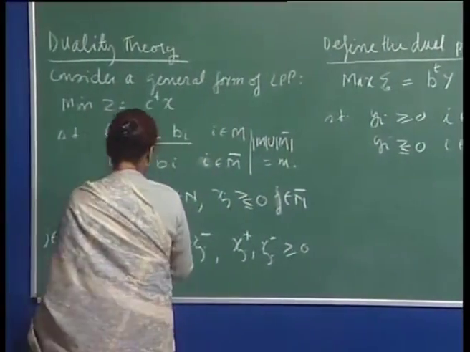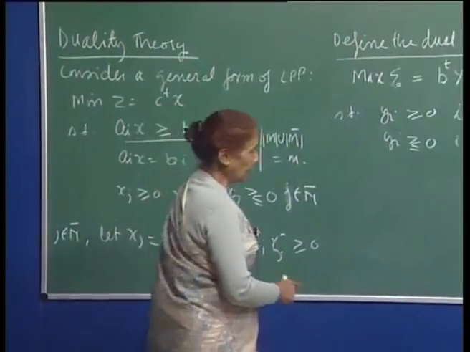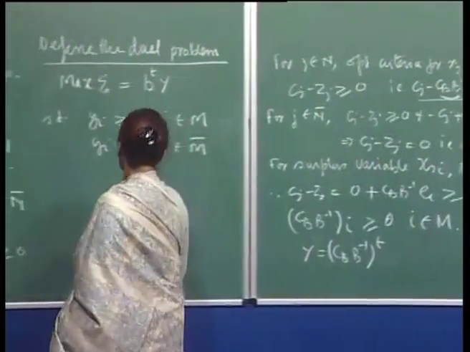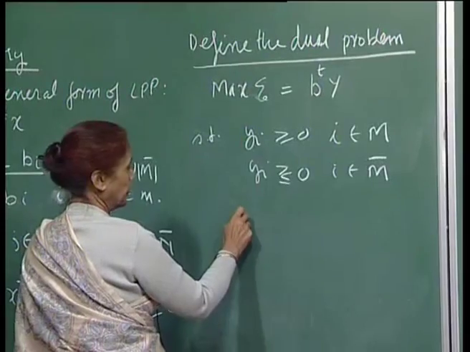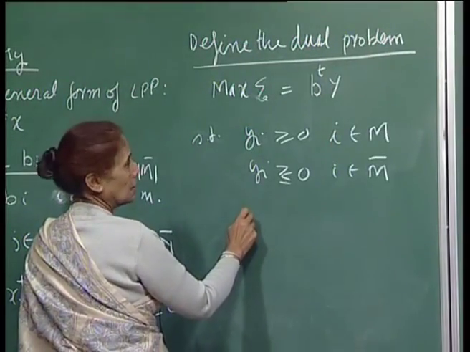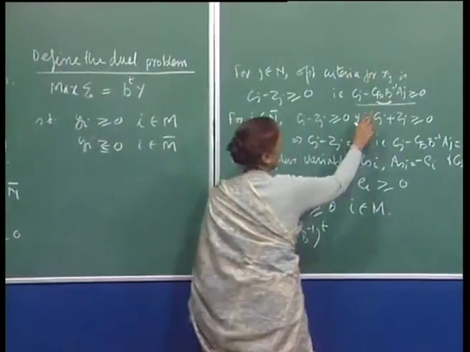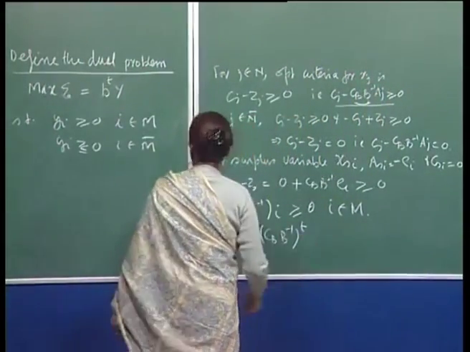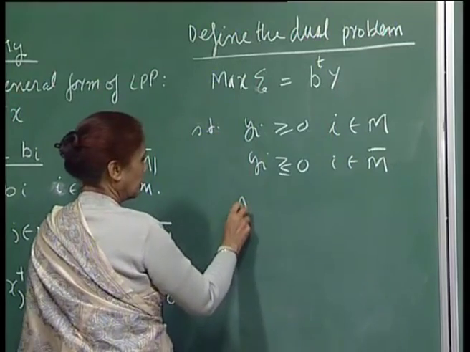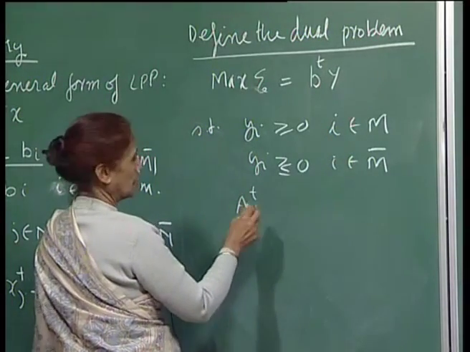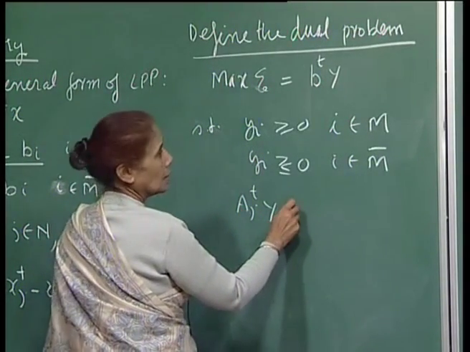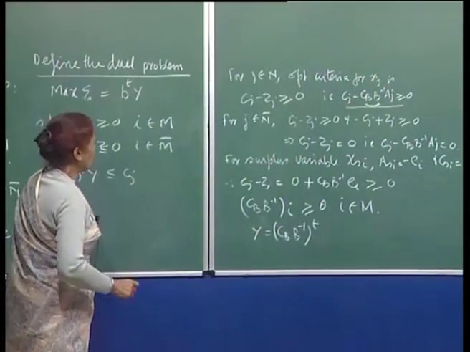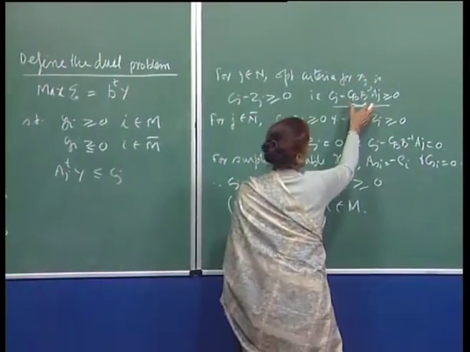And then for xj non-negative, what do I have here? For j belonging to N, this is C_B B inverse A_j, it is a single number, so I can write it as its transpose. That will become A_j transpose y, which would be less than or equal to c_j.